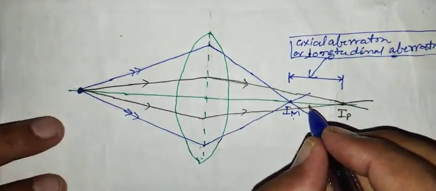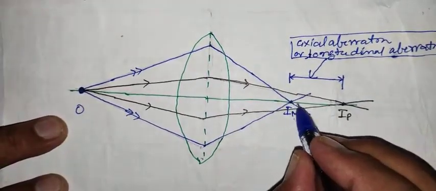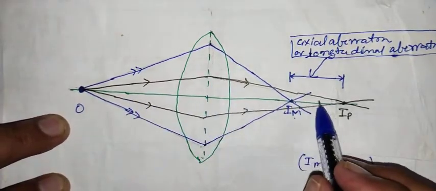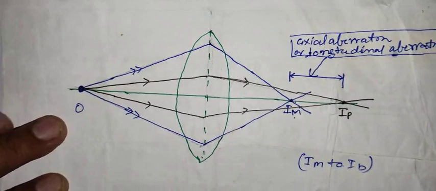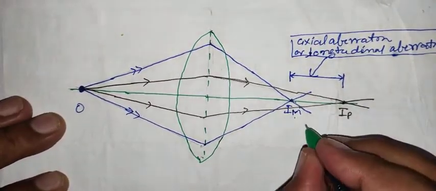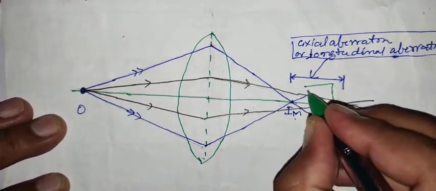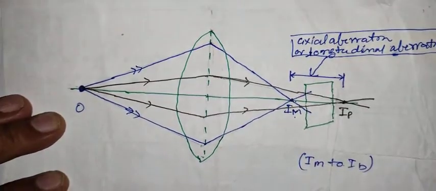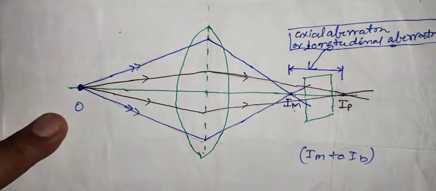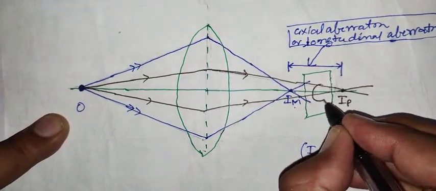So see very carefully. For a point object O, its image is formed spread over a very large range. The intermediate rays settle between IM and IP. When we place a perpendicular plane in between, the image of the point object is formed in the shape of a circular disc.